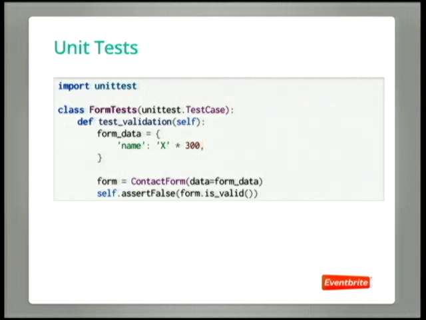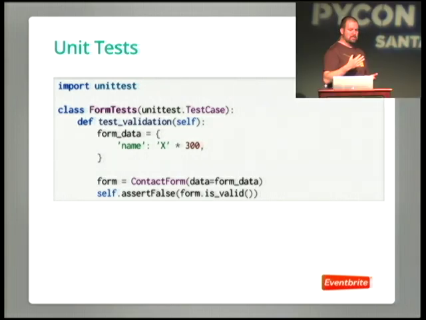Pass it in, and just assert that it's not going to be valid. So you can see that for a small form, this is pretty straightforward. But for a larger form, you can imagine this could get pretty tedious, writing all these fields out and writing out all of the different initial values.